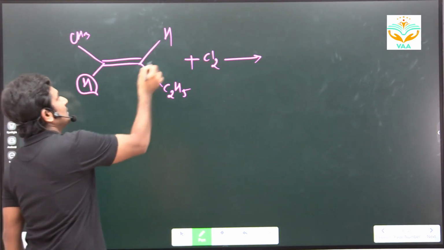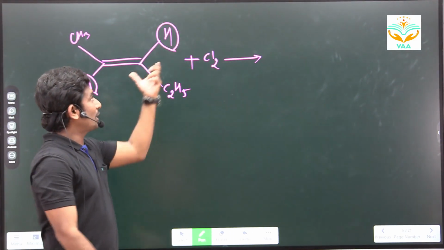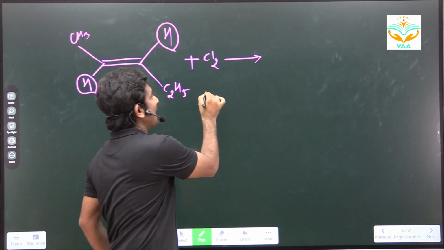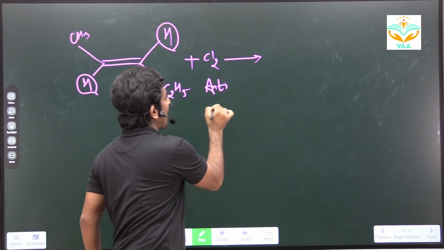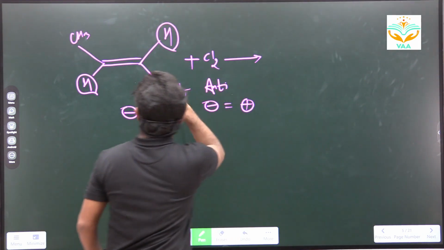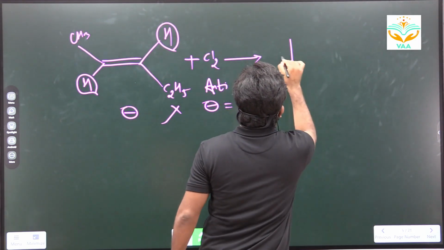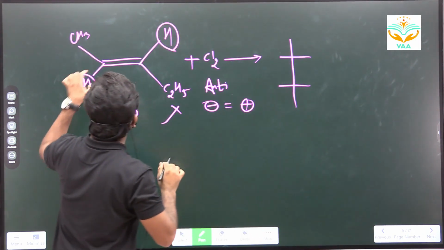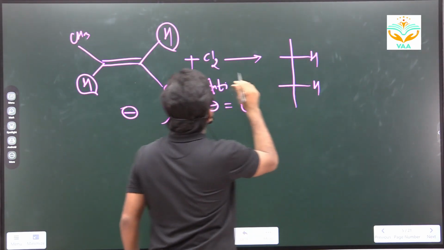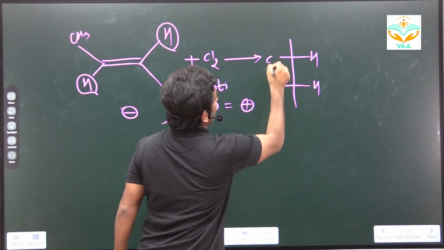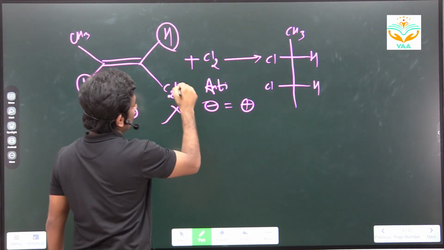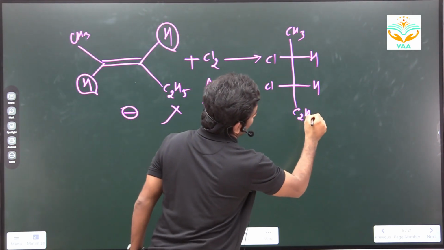This is a hydrogen, right? These two hydrogen atoms are on opposite sides, so take minus. And chlorine is anti-addition, so take again minus. Minus into minus equals plus. They will come on the same side. These two hydrogen atoms will come on the same side, H and H. So what are we adding here? Chlorine. So Cl, H, Cl here, and here CH3 and below C2H5.